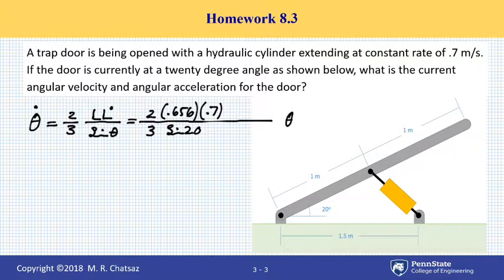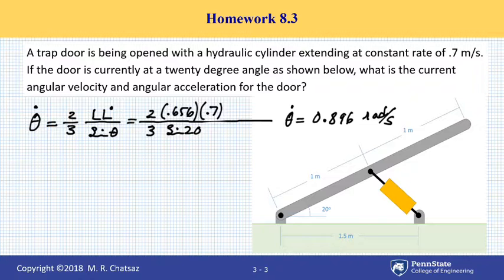Taking a calculator and doing the numerical calculation, we end up with 0.896, and the units are radians per second. And note that this is a positive value, meaning that the trapdoor is turning in the counterclockwise direction. So this is what we get out of equation 1.